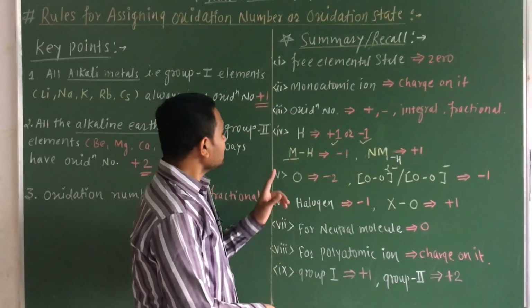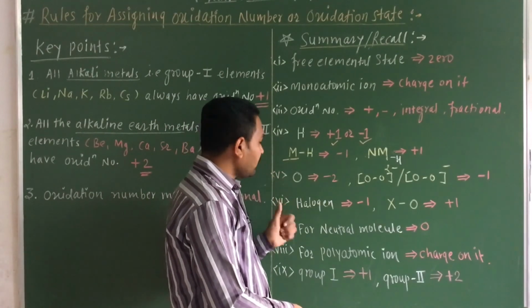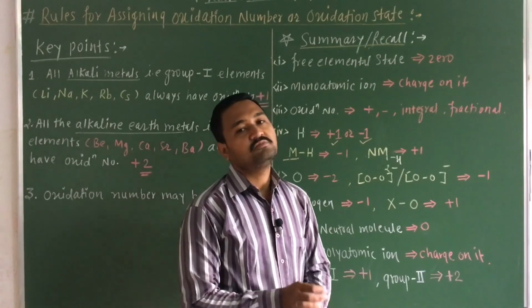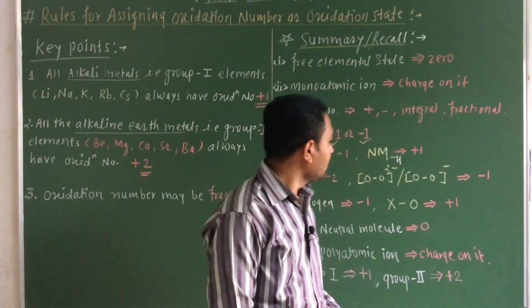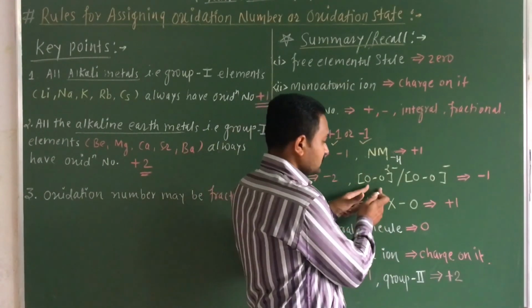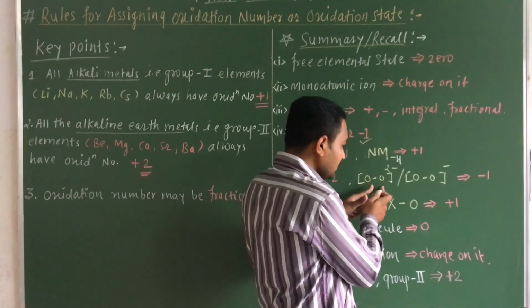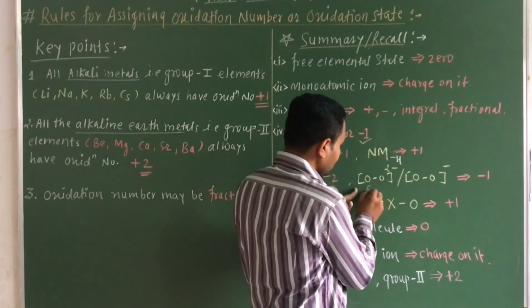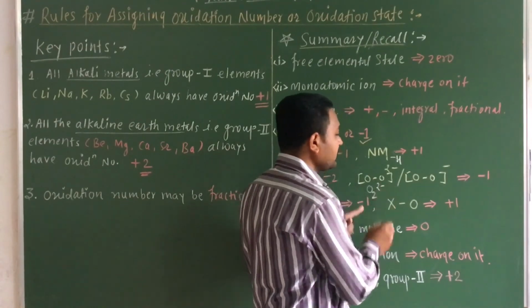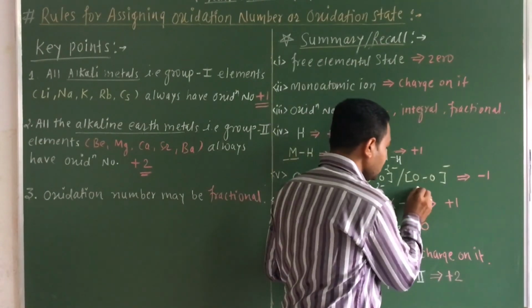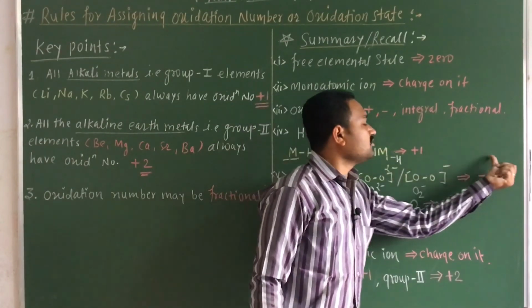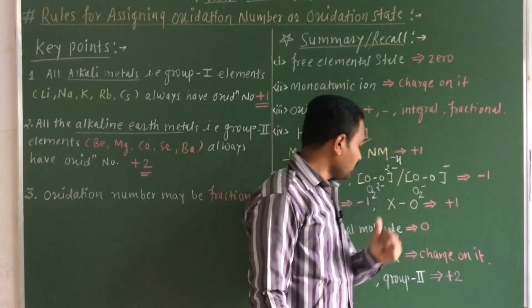Then rule number 5, about the oxygen atom: oxygen shows oxidation number -2 in all of its compounds except peroxide ions or molecules, O2 2-, or superoxide, O2 -. They will show the oxidation number -1.